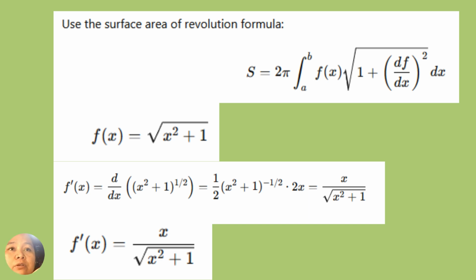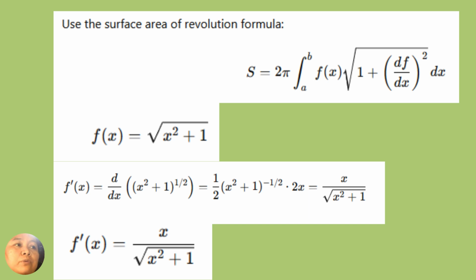Then times 2x. The 2x is the derivative of x squared plus 1. Since it is x squared, we bring down the 2, and the exponent of x becomes 1, and the derivative of 1 is 0. So it becomes just 2x. Our new expression is x over the square root of x squared plus 1.